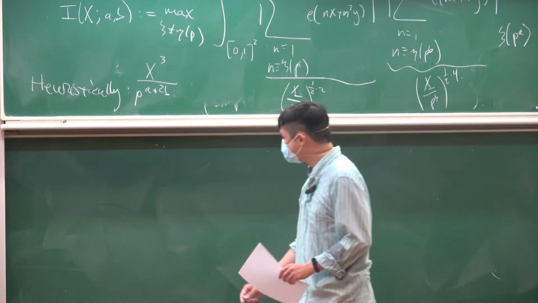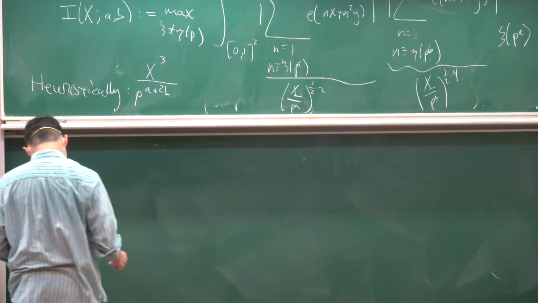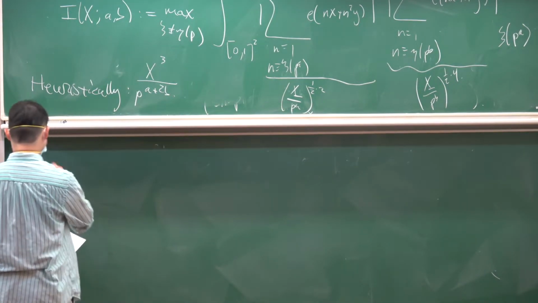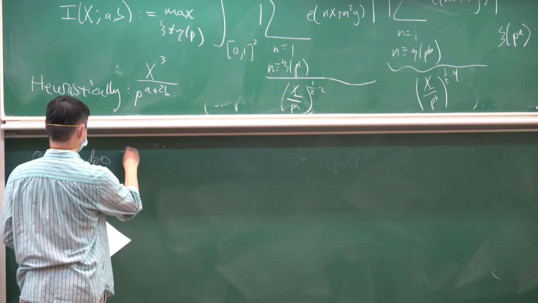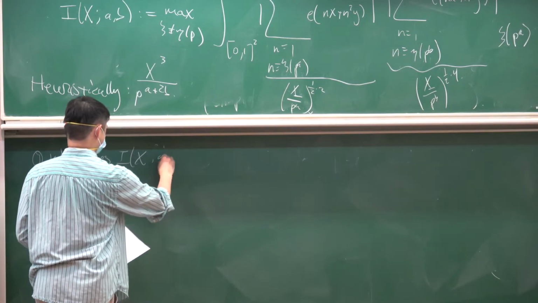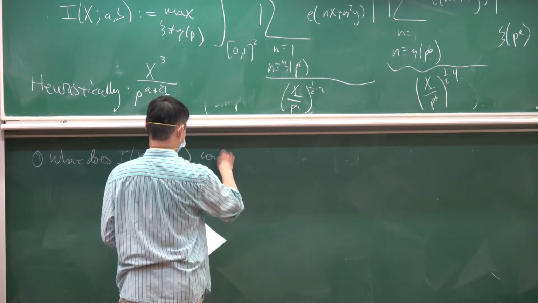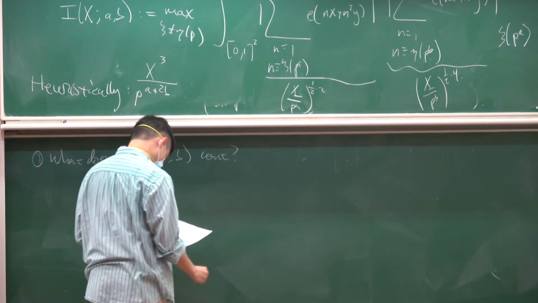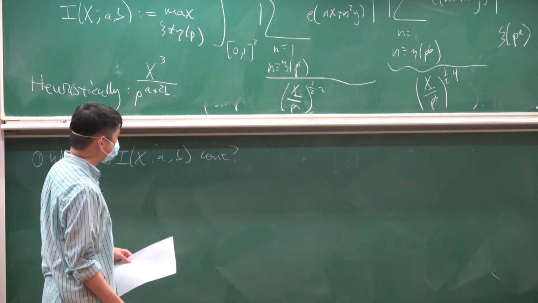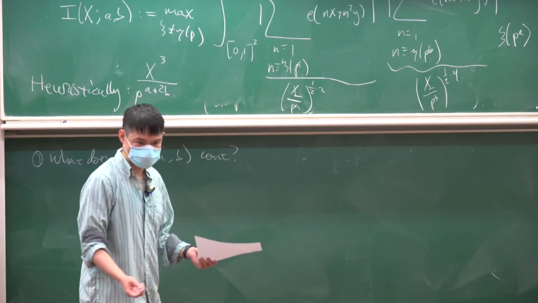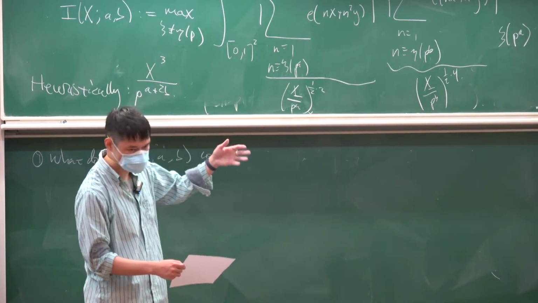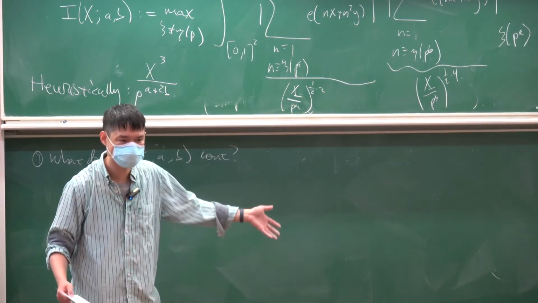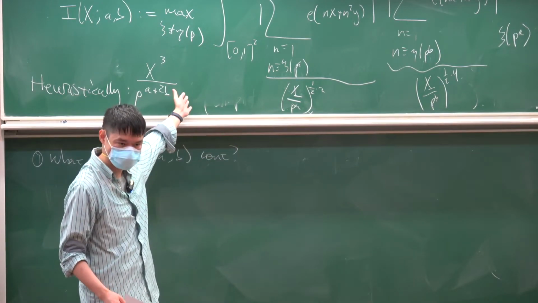Well, this integral counts the following. So what does I of x, a, b count? Well, it says the following. You could use the fact that the integral from 0 to 1 of e to the 2 pi of something counts the solutions, the number of something. So what does this integral count?